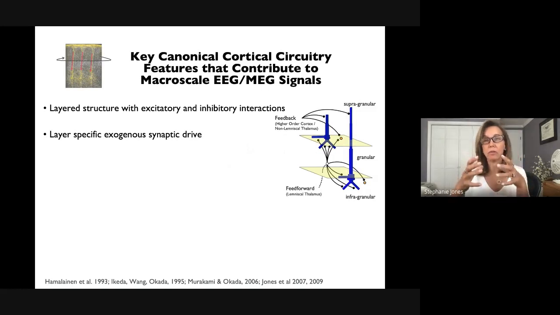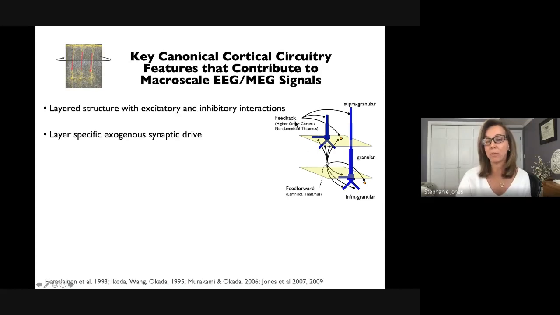These networks don't sit in isolation, but are always receiving inputs from other parts of the brain. There are two primary pathways of input to the cortex. One is what we call the feed-forward input. This comes from what's called the lemniscal thalamus, and it relays sensory information. You tap the finger, the signal comes in, goes through the thalamus, and then propagates to the granular layers, and from there to the other layers that have these pyramidal neuron dendrites.